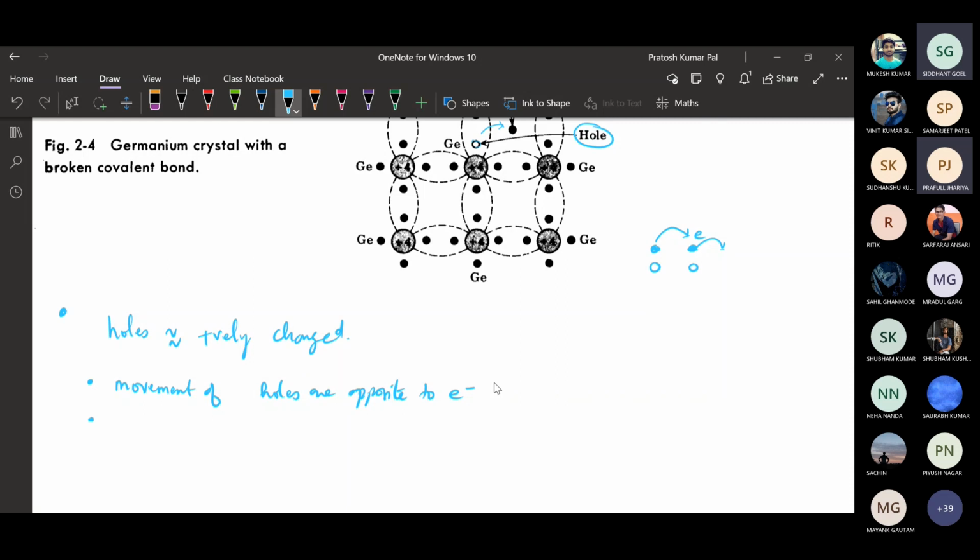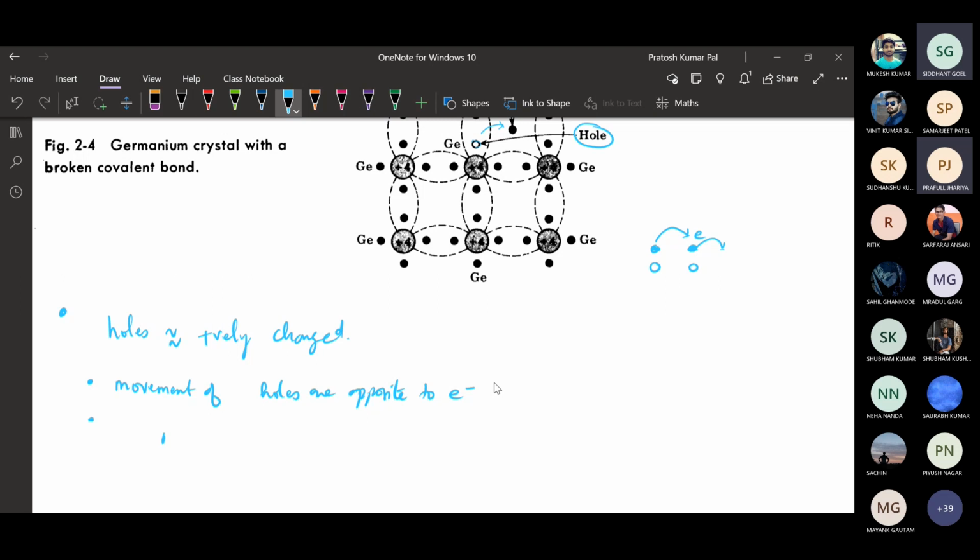Okay, but an intrinsic semiconductor is electrically neutral. Electrically neutral means whatever number of electrons are available, a similar number of holes will also be available.